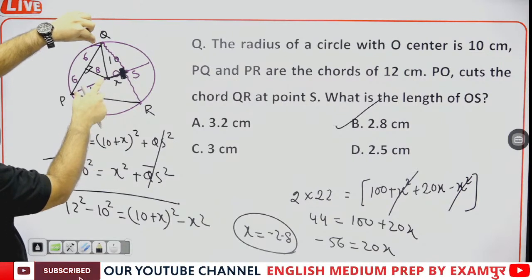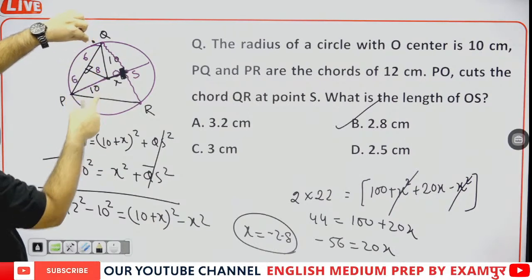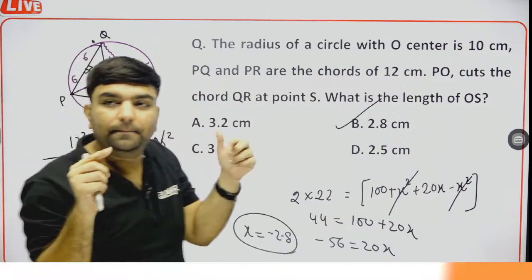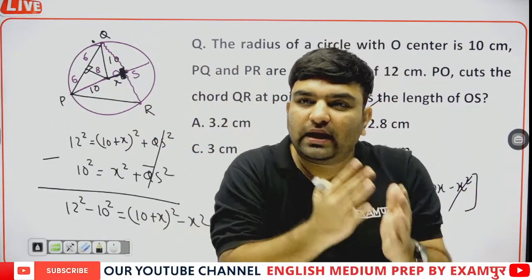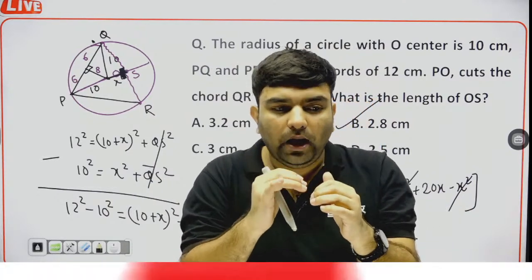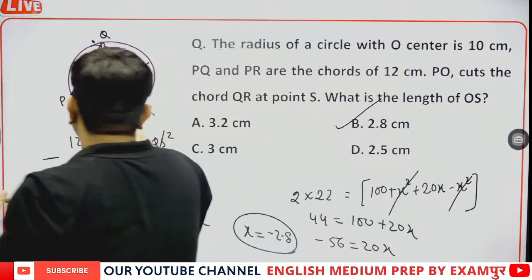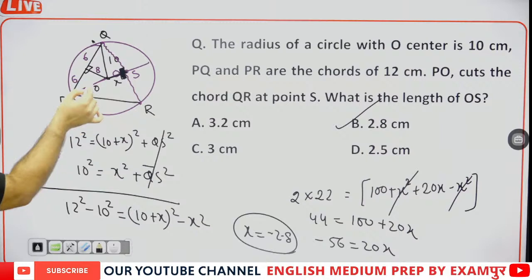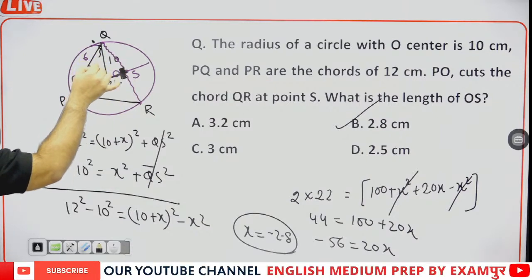Because PO is cutting QR at S. It is not about extending PO to S. It is about cutting PO, like PO cutting at S. So ideally it's over here.